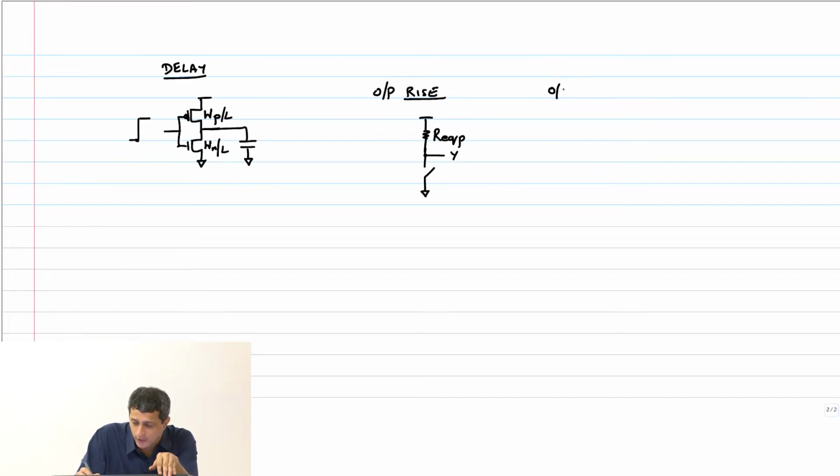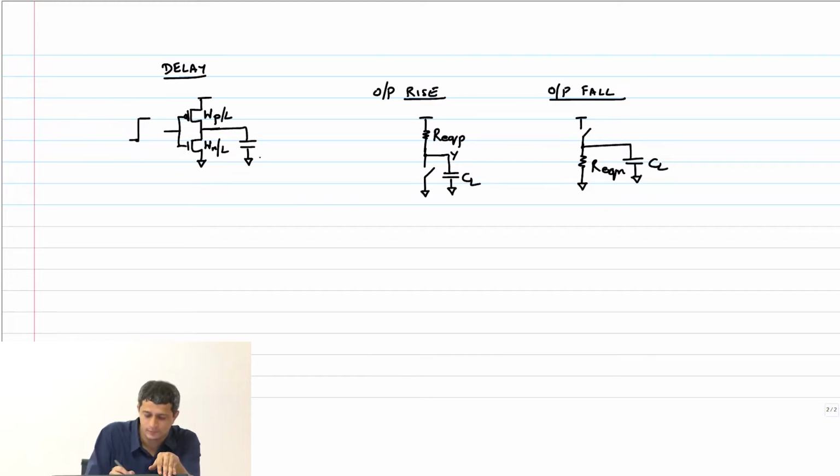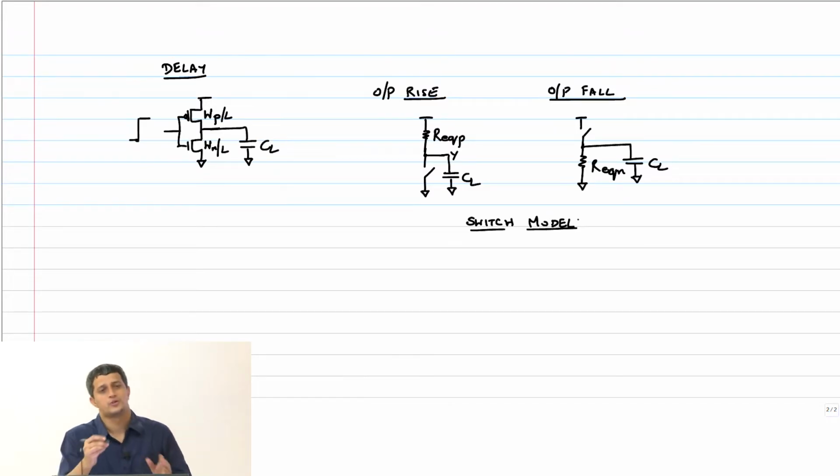Okay, similarly when the output has to fall, the PMOS transistor will be off, and it's going to get pulled down to ground through an NMOS transistor. And of course I have this load capacitor CL here. Right, this is my switch model.